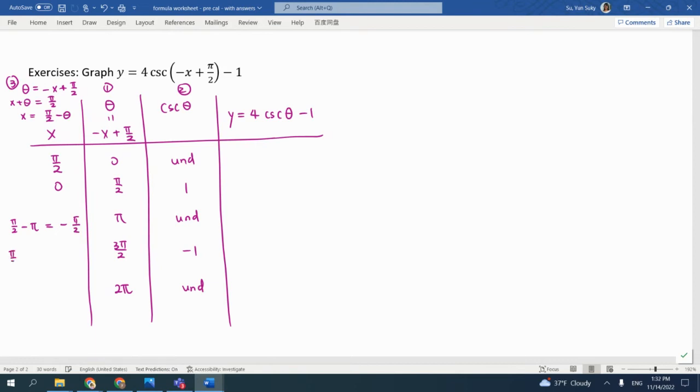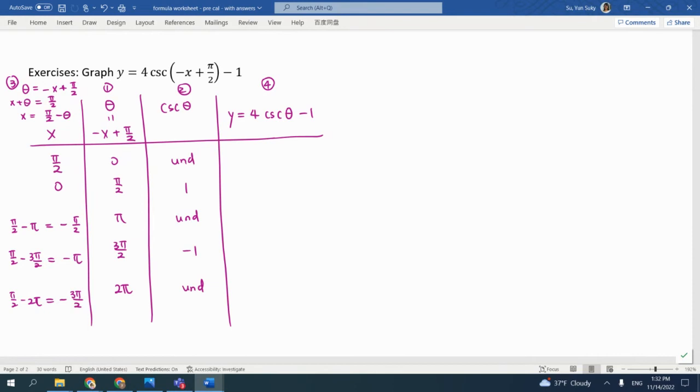And then pi over 2 minus 3 pi over 2 is negative pi. And pi over 2 minus 2 pi is negative 3 pi over 2. Yes, everybody? Right? Okay, what's the next step? Figure out the y.